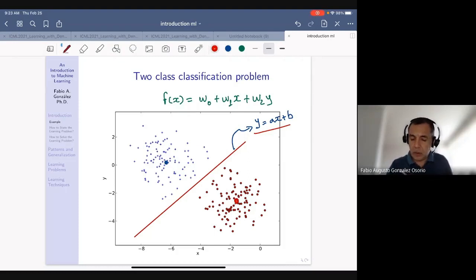So if I have the centroids, for a new point I can do what? For instance, I have a new point that I want to classify, let's say this one.